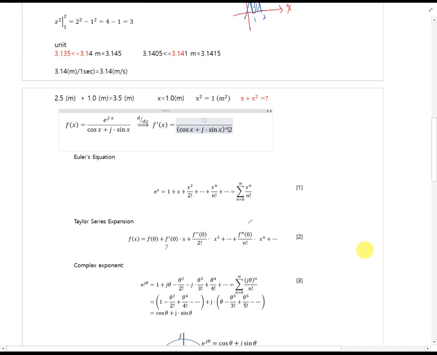And we need to take the derivative of this one first and multiply that one. So taking the derivative of this one with respect to x, the constant j will come out. And this is the differentiation definition. As we know, e to the x, by taking the derivative, will be the same form. So this result comes directly from that result.